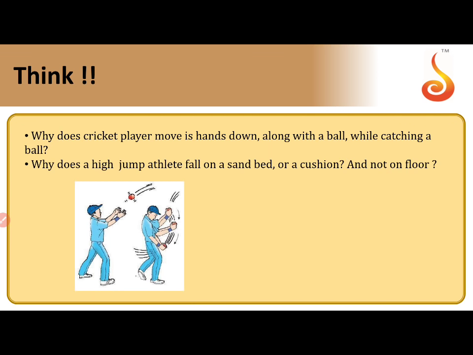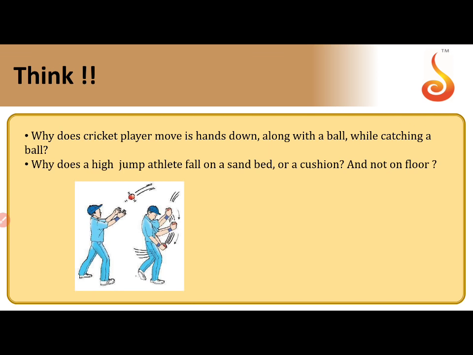Now something to think about. Why does a cricket player move his hand down with the ball while catching it? And why does a high jump athlete fall on a sand bed or a cushion, not directly on the floor?